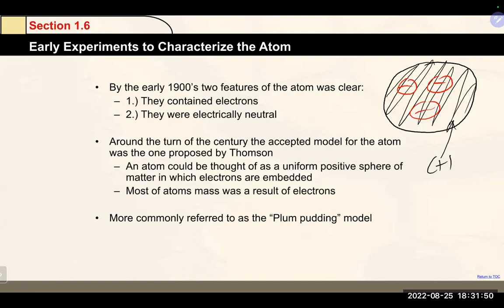The plum pudding is like a dessert of pudding with some raisins embedded inside. He thought the raisins were like the electrons, and the pudding is the positive charge that's spread out. He also felt that most of the mass of the atom was the electrons.